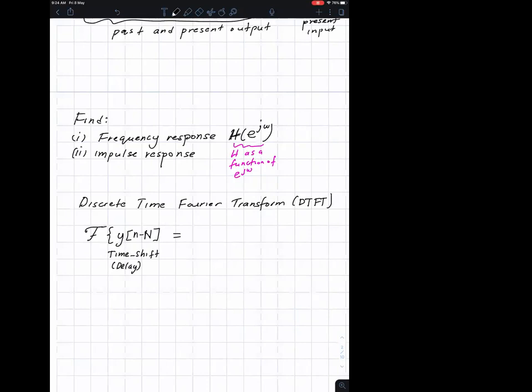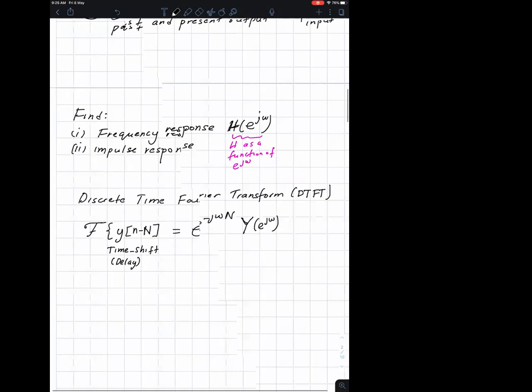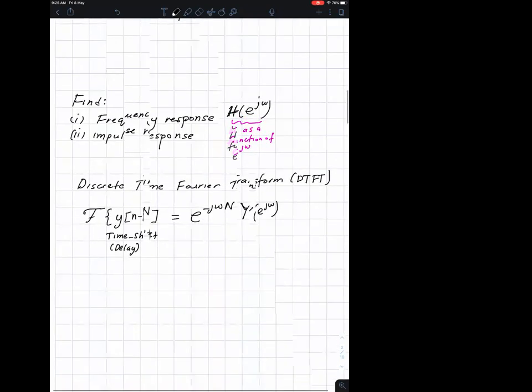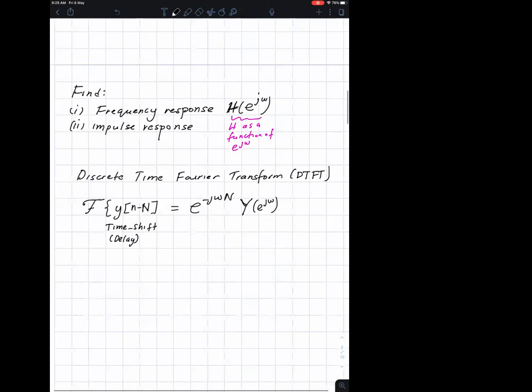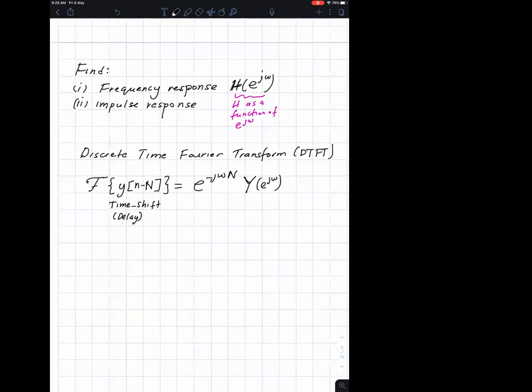So the Fourier transform of that is e to the minus j omega N. The delay in the time domain is expressed as an exponential function e to the minus j omega N. That is the Fourier transform of a time shift delay in a difference equation.